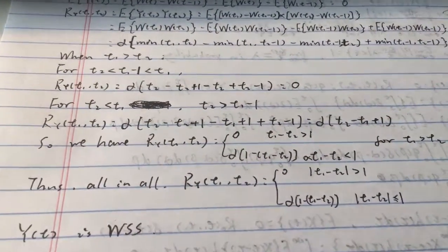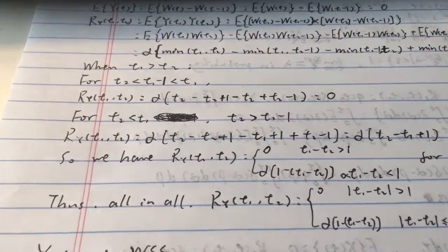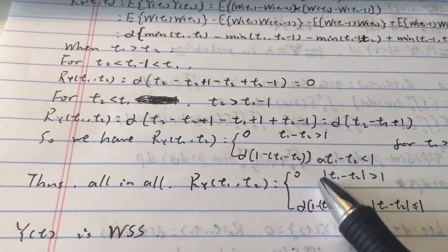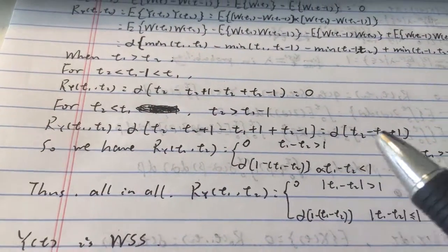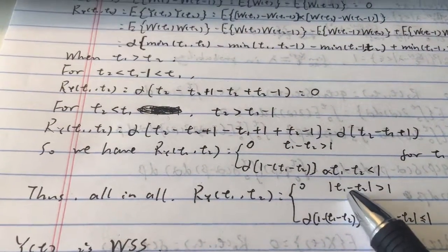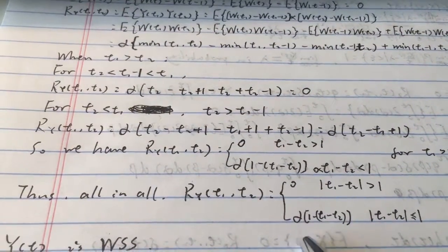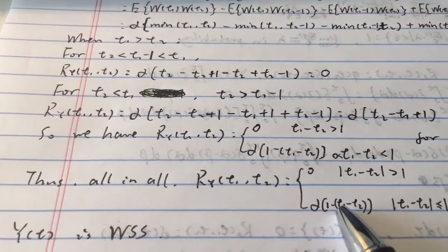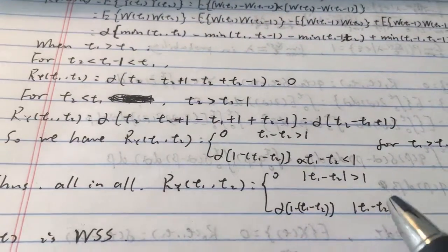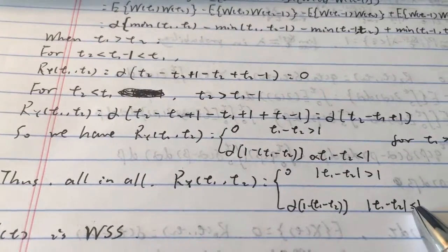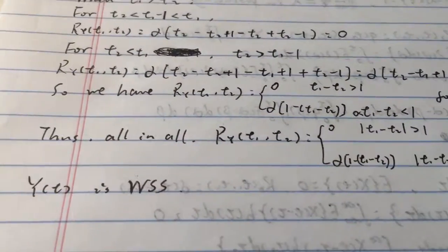So all in all, the autocorrelation of Y(t) should be 0 when the absolute value of t1 minus t2 is more than 1, and alpha multiplied by 1 minus the value of t1 minus t2 when the absolute value of t1 minus t2 is no more than 1.